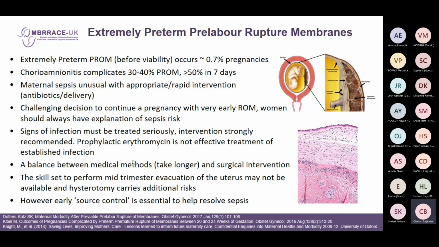So we'll keep them in hospital usually for around 48 hours, give them antibiotics, and then antibiotics to complete when they do go home. If there are signs of sepsis in mum, then remember, mum's always the primary concern. So you would obviously give her antibiotics and things, but then you need to talk about potential delivery, maybe offering termination to the patient. So it's a very challenging situation when this does happen.